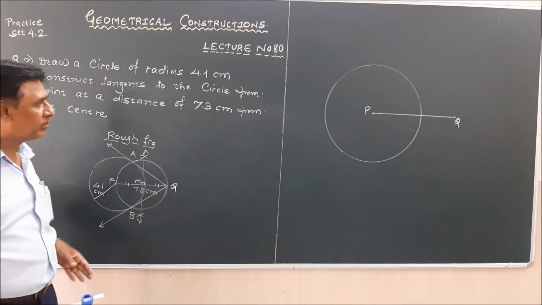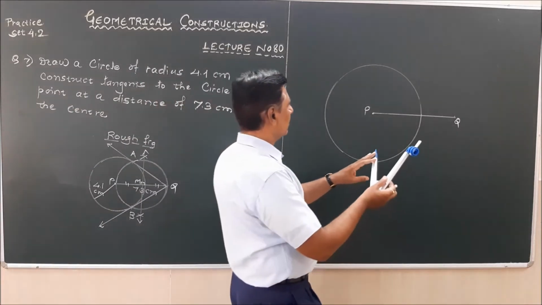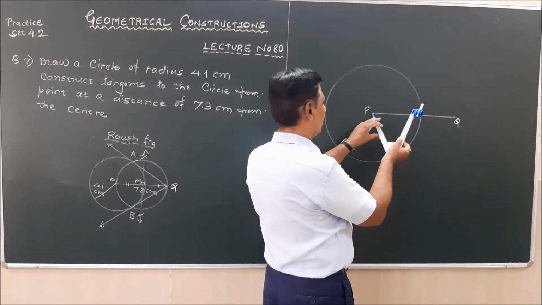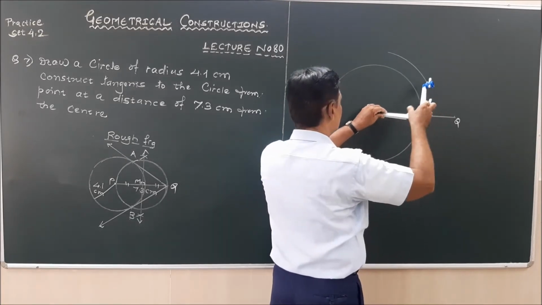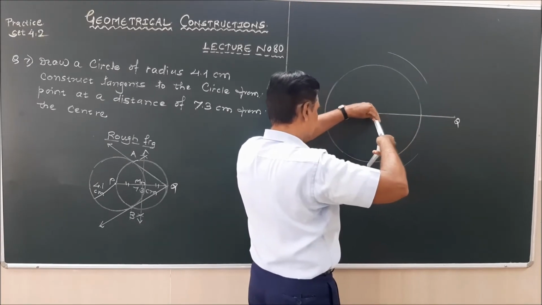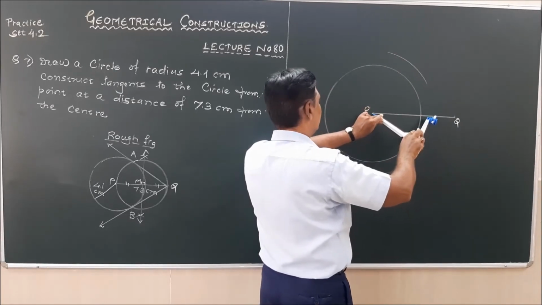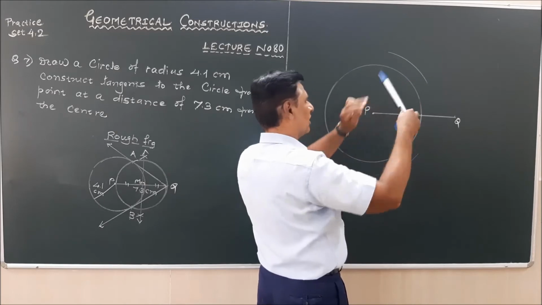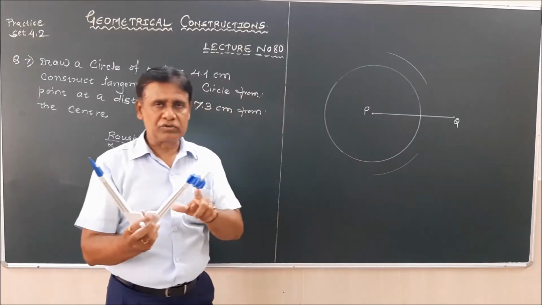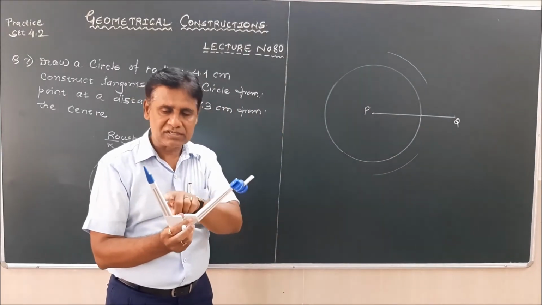To draw the perpendicular bisector, place the compass point on P. Take a distance more than half. Draw two arcs. I repeat again. Very important not to change this distance.